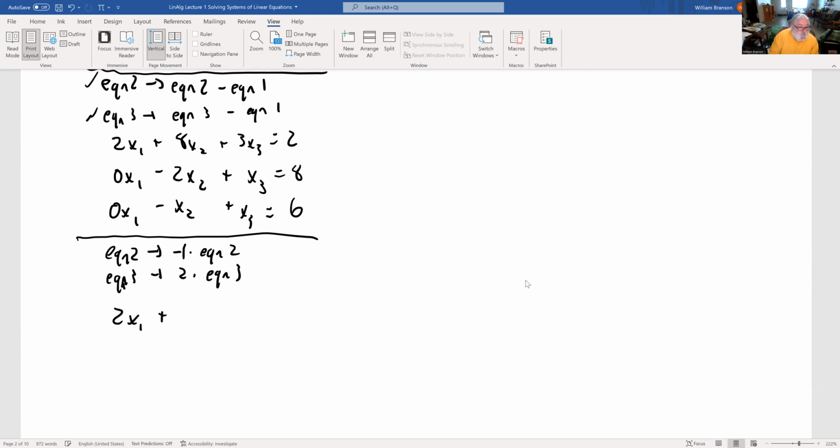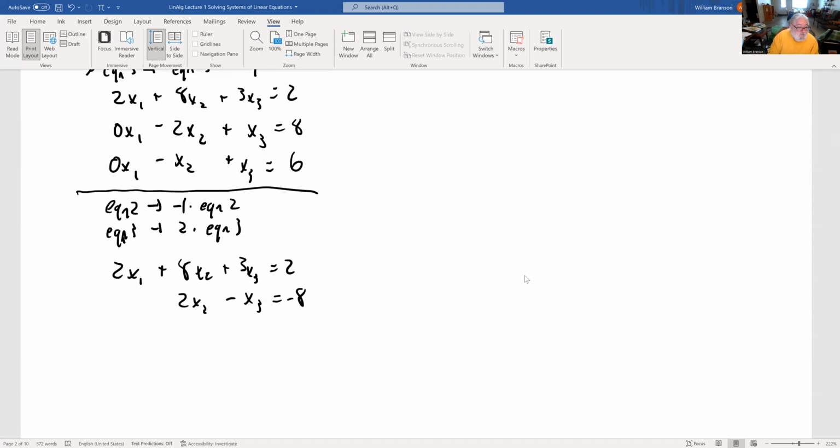So I have 2x1 plus 8x2 plus 3x3 equals 2. Multiplying the middle equation by minus 1, it gives me 2x2 minus x3 equals minus 8. And then multiplying the bottom row by 2, that gives me 2x2 plus 2x3 equals 12.